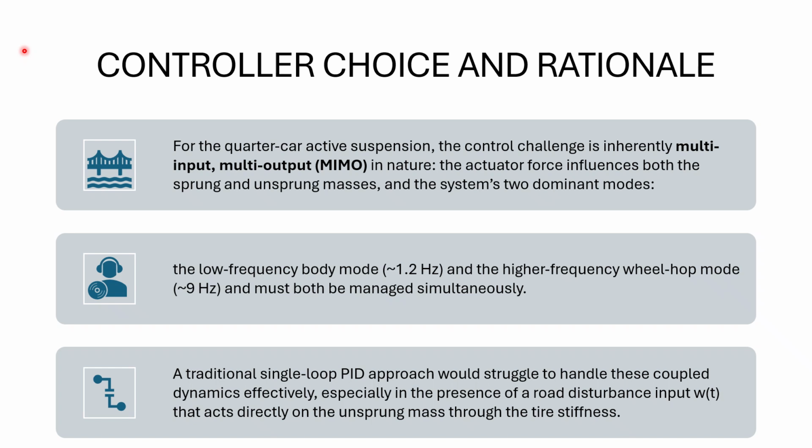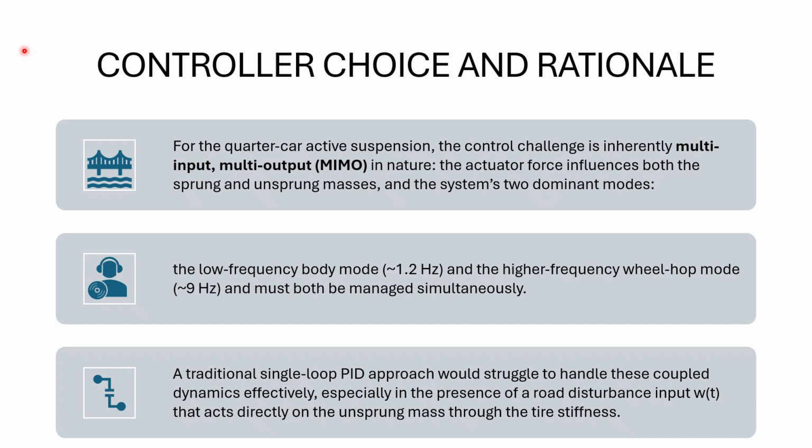So for the quarter car active suspension, the control challenge is inherently multi-input, multi-output in nature, and this slide highlights that our quarter car model has two dominant vibrational modes: a low frequency body mode at around 1.2 Hertz and a high frequency wheel hub mode at around 9 Hertz.